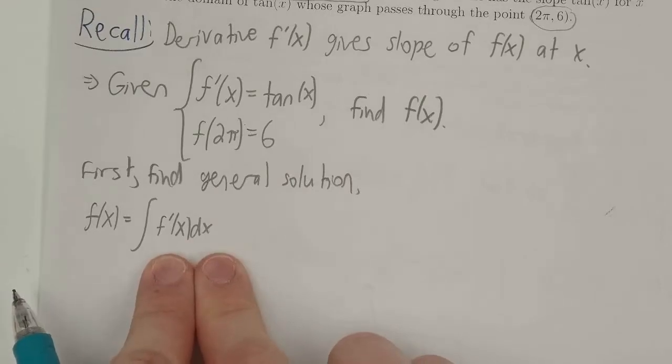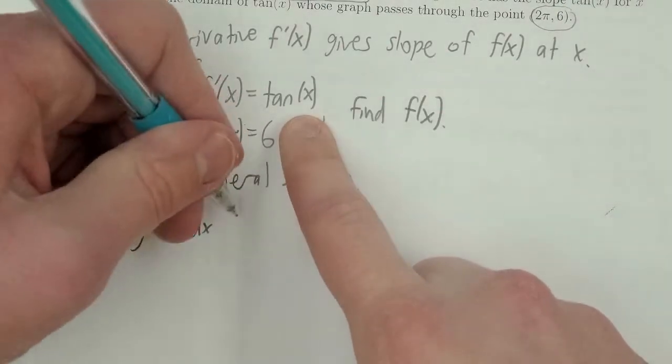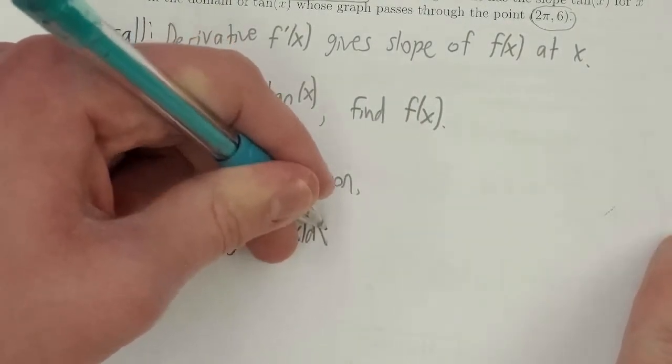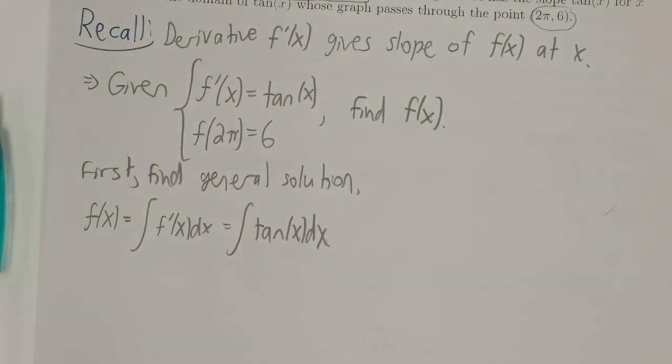So recalling that f prime is just tangent of x in this case. At this point, you're like, okay, well, it's not immediately obvious what we're supposed to be doing here. I know the title of the lesson says integration by substitution, but looking at the integral like that, it's not immediately obvious what to work with here.